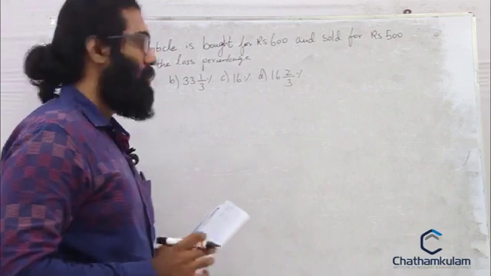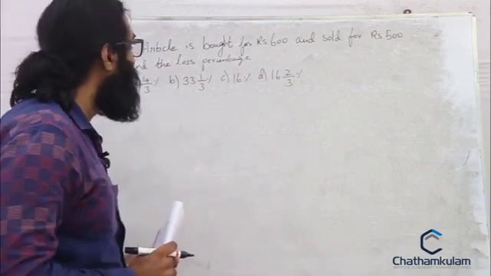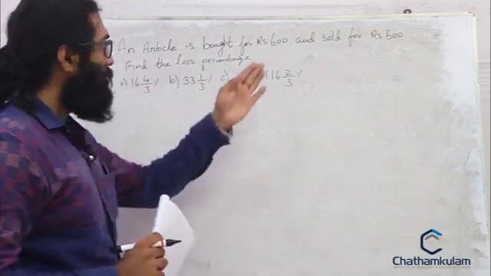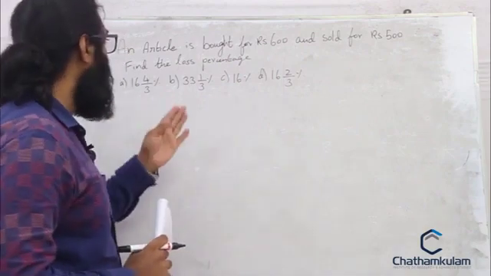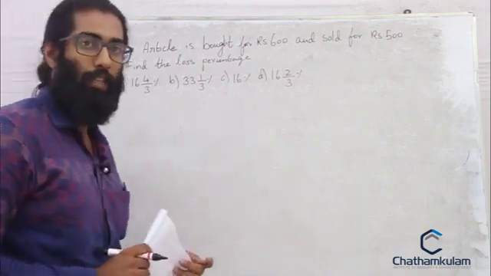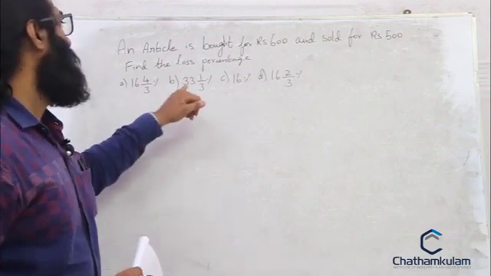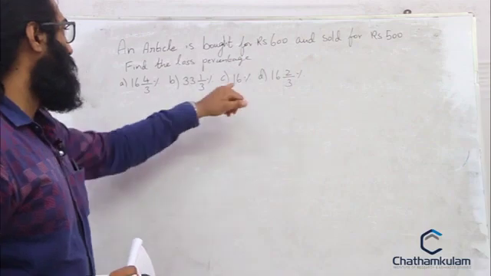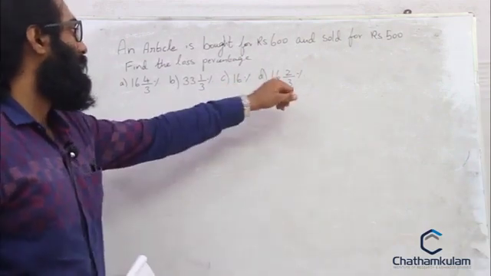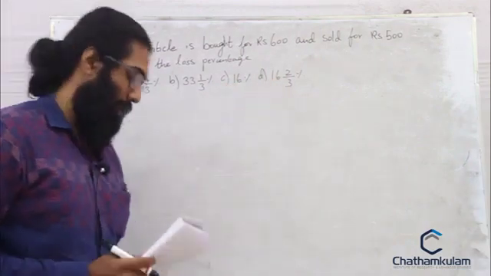So we will see the next question here. An article is bought for rupees 600 and sold for rupees 500. Find the loss percentage, right? The options given are 16 4 by 3%, 33 1 by 3%, 16%, 16 2 by 3%, right?